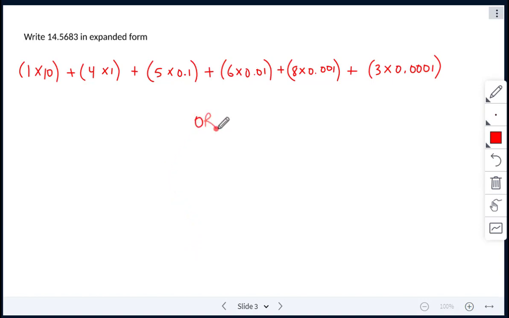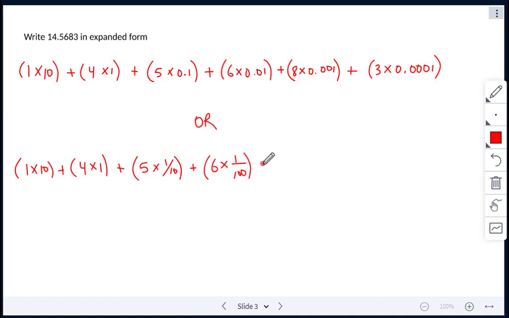The second method is, the left side is the same. So it's still 1 times 10 plus we have the 4 in the ones position. And then when we get to the decimal side, we can represent this using fractions. So we can say 5 times 1 over 10 plus we have 6 times 1 over 100.